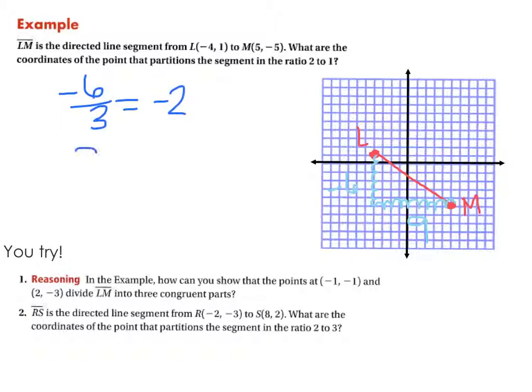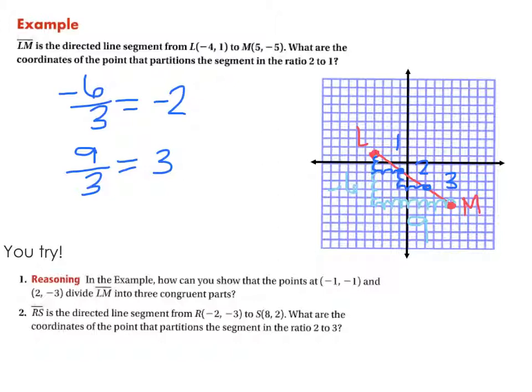And I'm going to take the 9 and divide that by 3, since I want 3 parts, and I get 3. So now I know that if I go down 2 and right 3, that gives me 1 part. Down 2 and right 3 gives me another part. So now I have 1, 2, 3 parts.